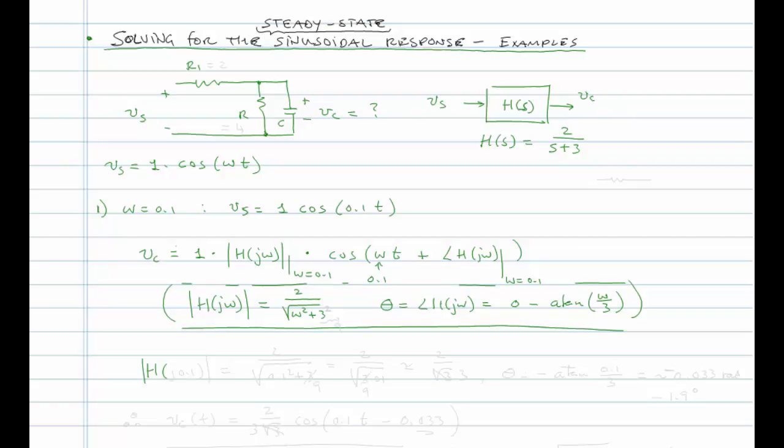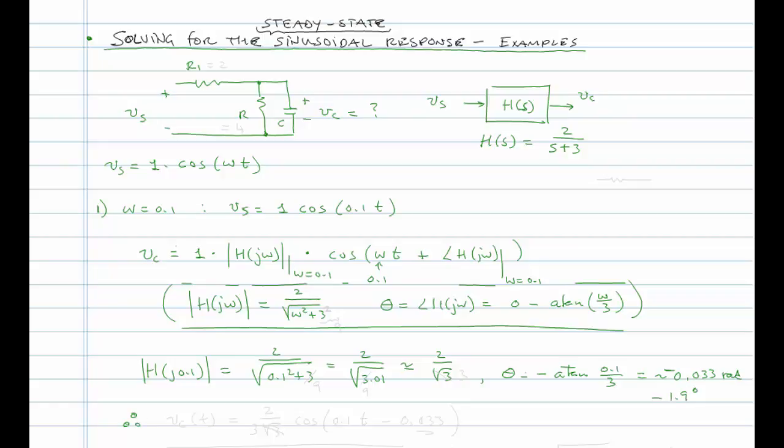So the magnitude of H of j0.1 is equal to 2 over the square root of 0.1 squared plus 9. Now 0.1 squared is 0.01, so it's going to be 2 over the square root of 9.01, which is approximately 2 over the square root of 9, or 2 over 3. And the angle, theta, will be minus arctan of 0.1 over 3, which is approximately minus 0.033 radian, or approximately minus 1.9 degrees.